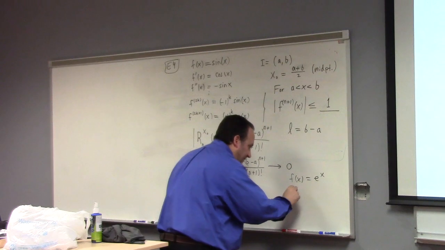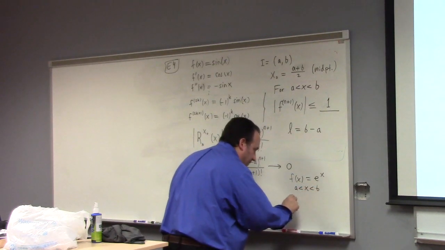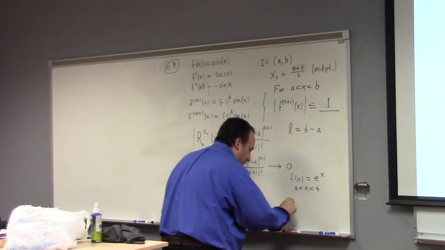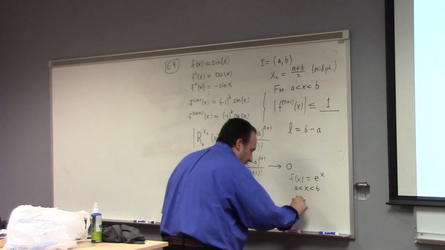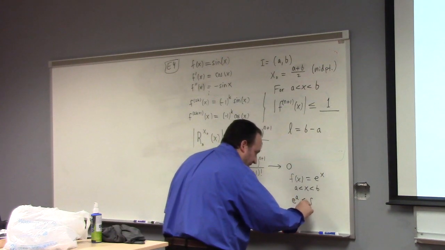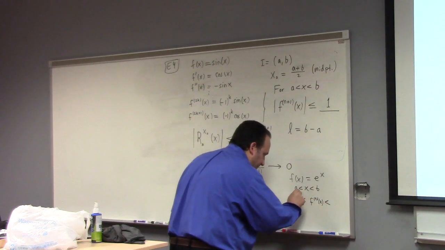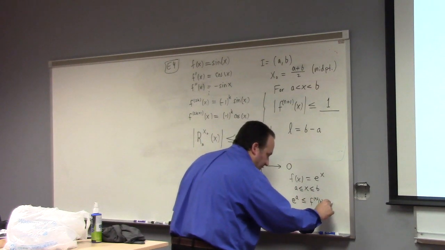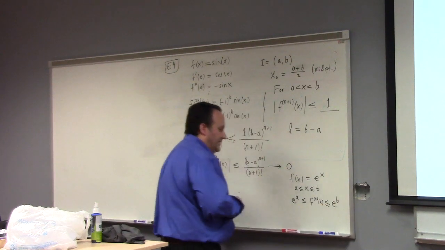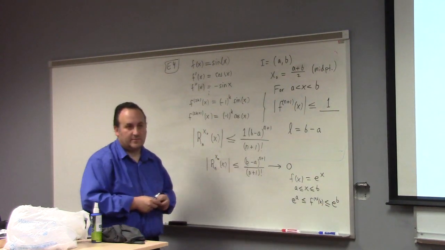right, and it was on a less than x less than b, then you could say that e to the a is less than the nth derivative of x is less than or equal to e to the b, because the nth derivative of the exponential is the exponential.